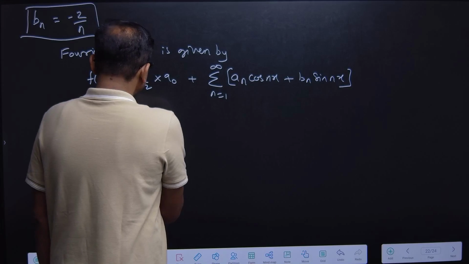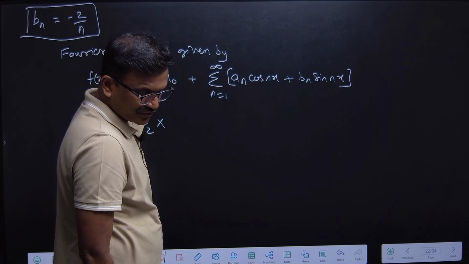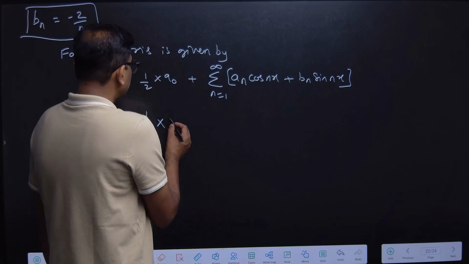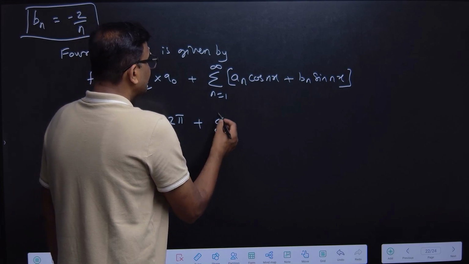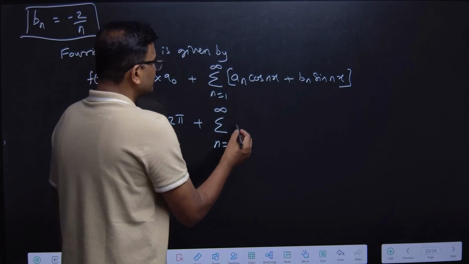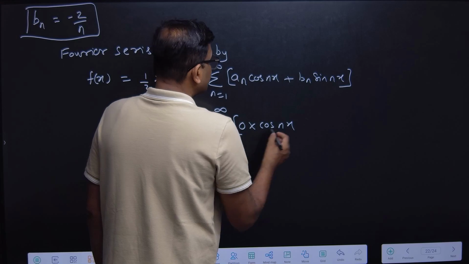Now this 1 upon 2 will write as it is a0. The value of a0 that we had found out was 2 pi. It will be half into 2 pi plus summation n is 1 to infinity an into cos nx. An was 0. We had found out the value of an. We had got it as 0.